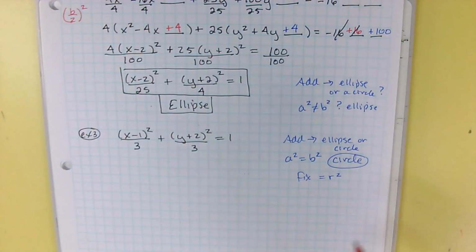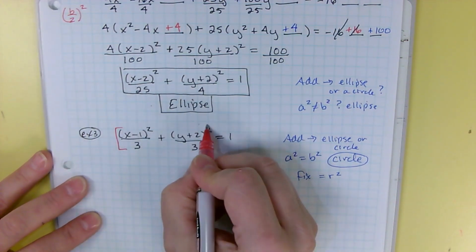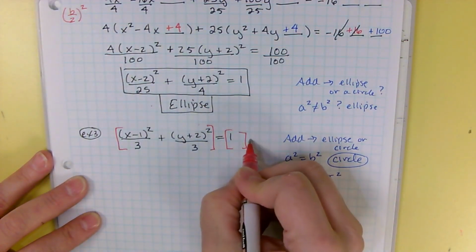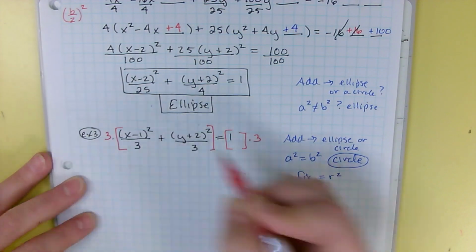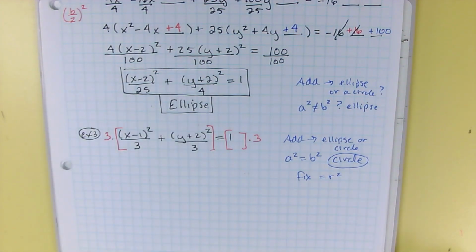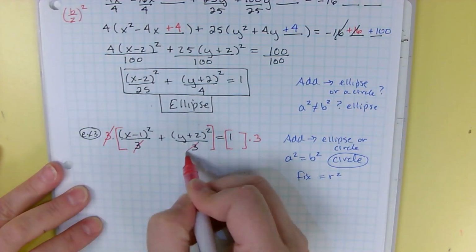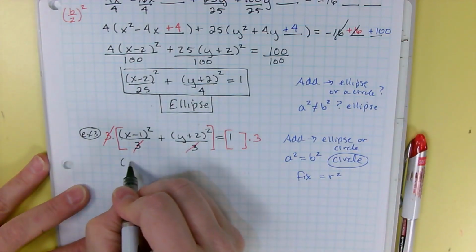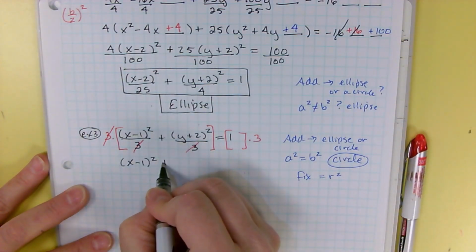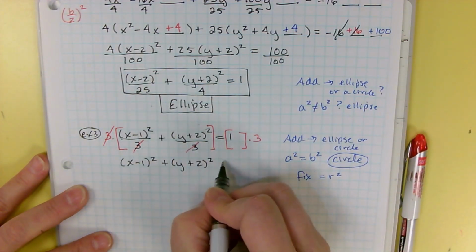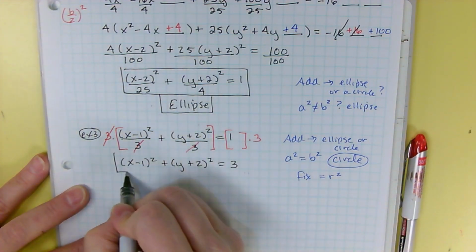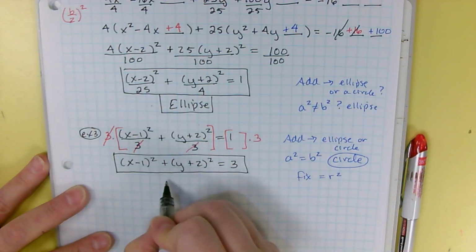So the way you fix it is you multiply both sides of the equation by 3. And the 3 will cancel out the 3's on the left. So you have (x minus 1) squared plus (y plus 2) squared equals 3. And now you have the form of a circle.